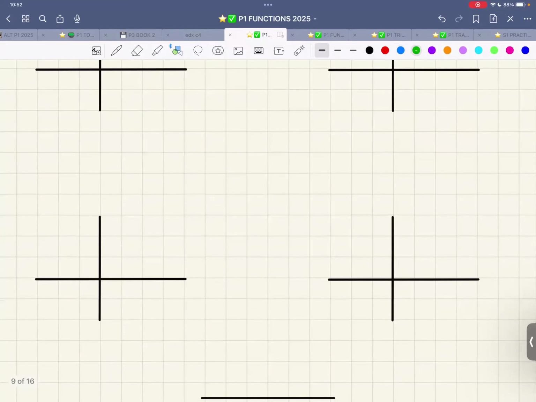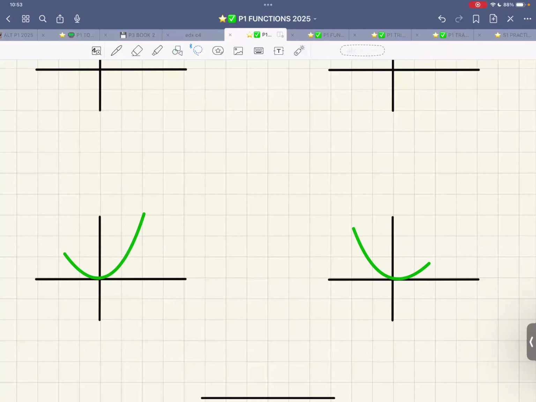And one other one. Now I have drawn 6 snapshots of this.